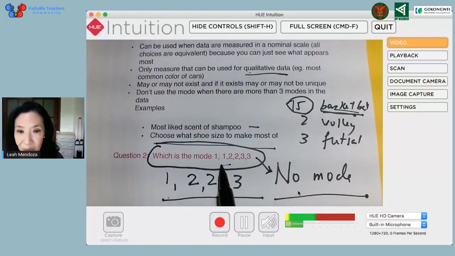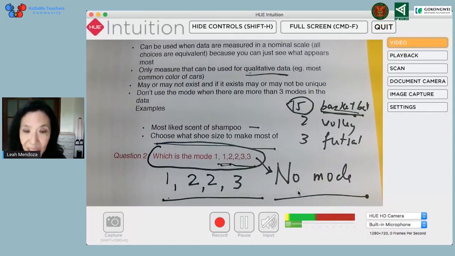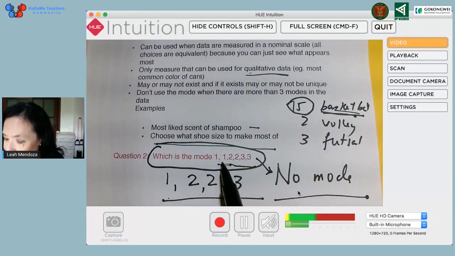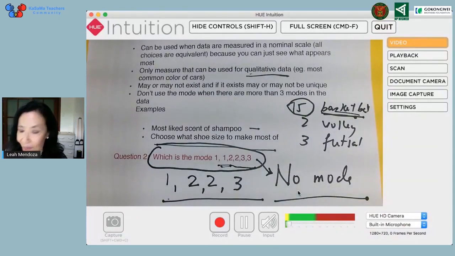Because you can see all of them appear with the same frequency. I have some students who, when I ask them this question, say 1, 2, 3. That's not the case, because 1 occurs 2 times, 2 occurs 2 times, 3 occurs 2 times. So all have the same frequency, so there is no mode.